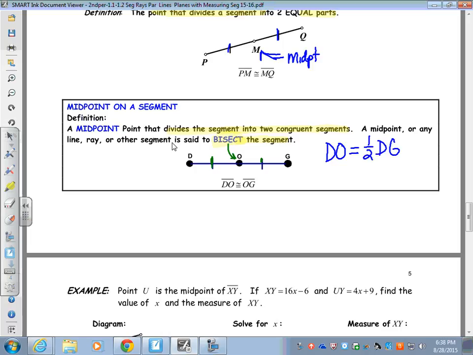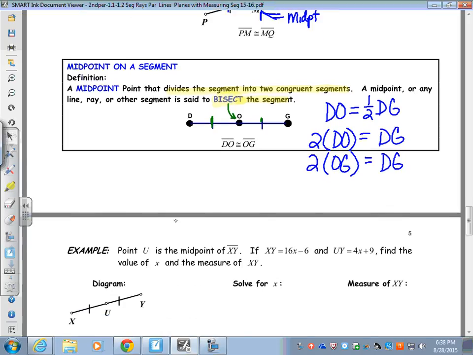So if I cut the segment in half, I have my two equal parts. And I could say if I double the length of DO, it would equal the length of DG. Or I could also say if I double OG, it would also equal DG. Okay, so make sure you know that relationship as well.